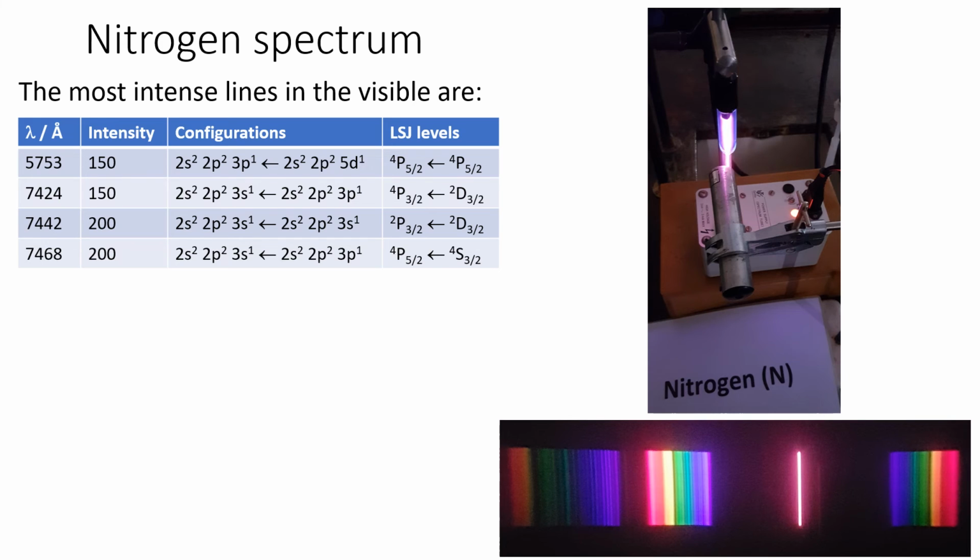So you can see in our configuration there, on the ground state configuration in the first row, we've got 2s2, well of course that's a closed subshell, so that's kind of invisible. Then we've got 2p2, 3p1, and so those electrons must all be spin parallel.